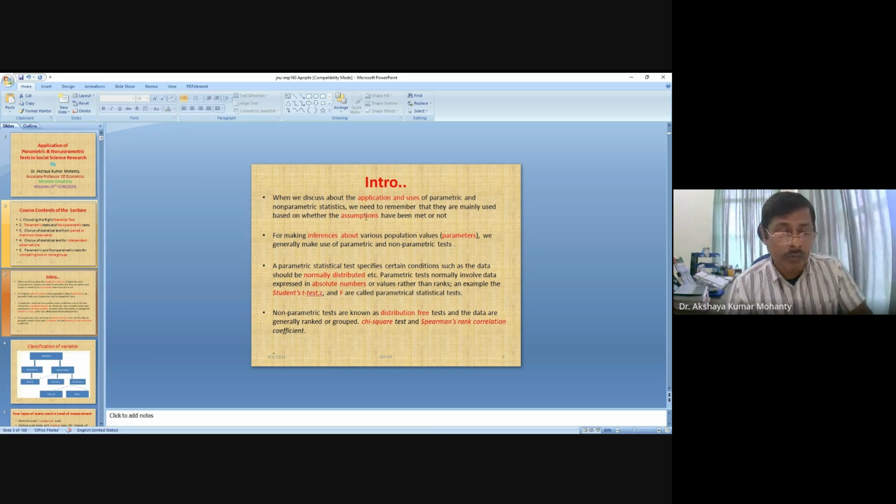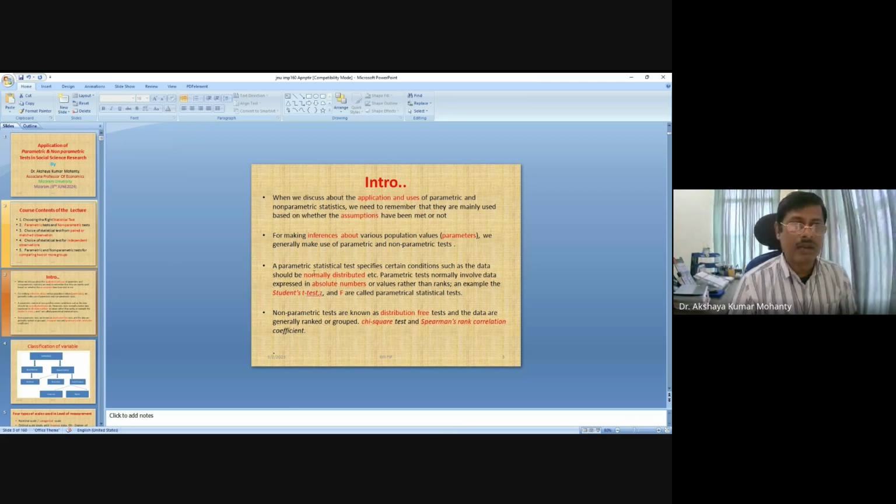First of all, we have to know where the parametric test will come and where the non-parametric test will come. For that reason, we have to see what the assumptions behind the parametric and non-parametric tests are. Then for making inferences about various population values, meaning parameters, we generally make use of parametric and non-parametric tests.